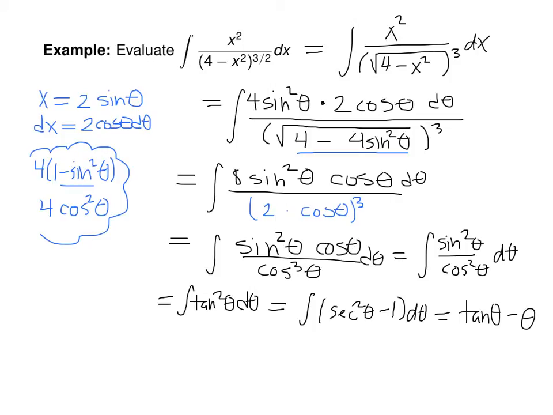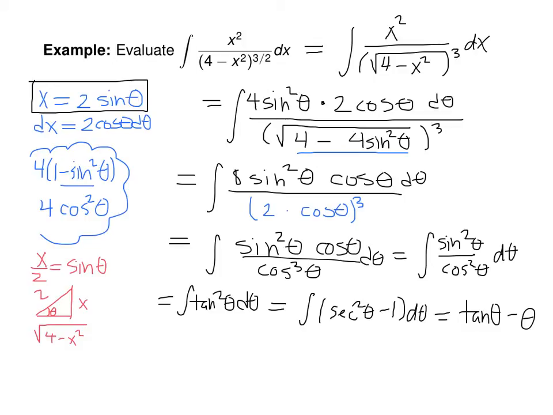And now we're going to go back to the original substitution to change our thetas back into x's. So first of all, notice that x over 2 is equal to sine theta. So construct your triangle. Here's my angle theta. Sine is equal to the opposite over the hypotenuse. So my adjacent side is equal to the square root of 4 minus x squared. It's just the Pythagorean theorem.